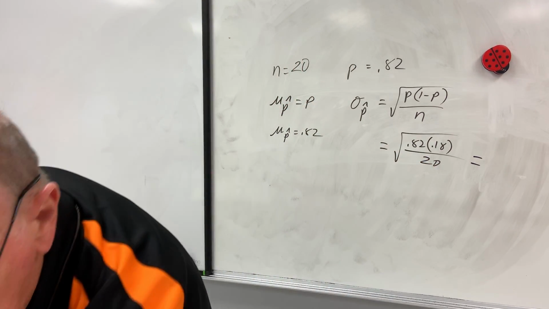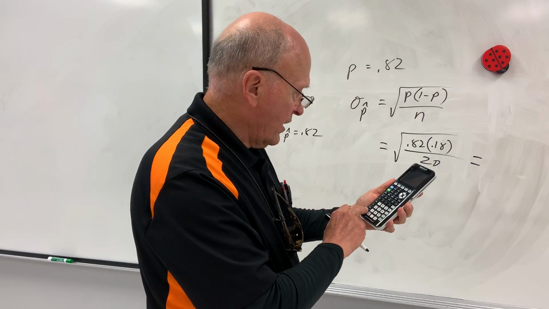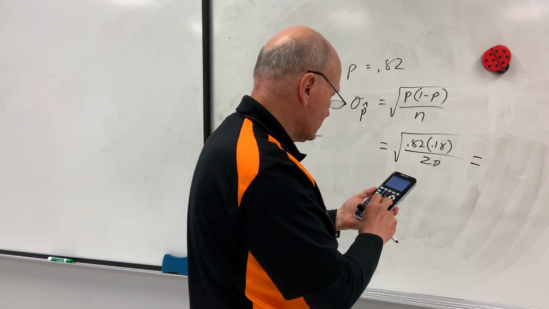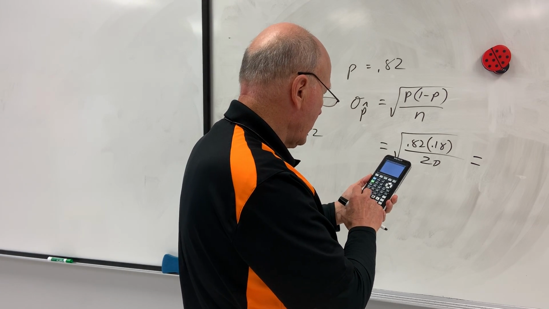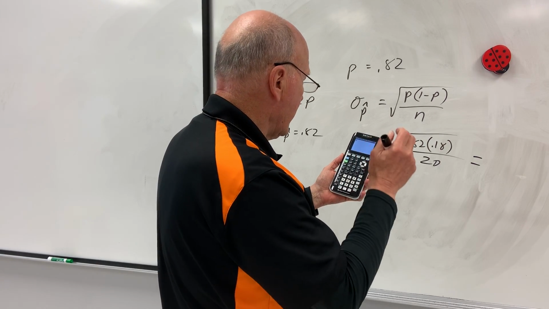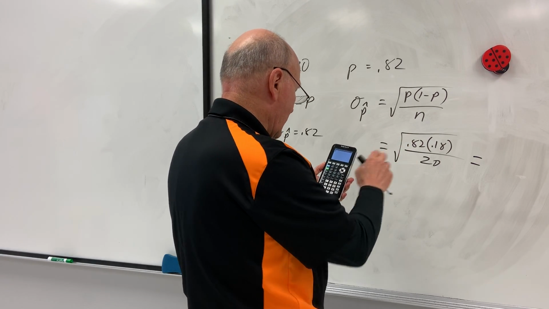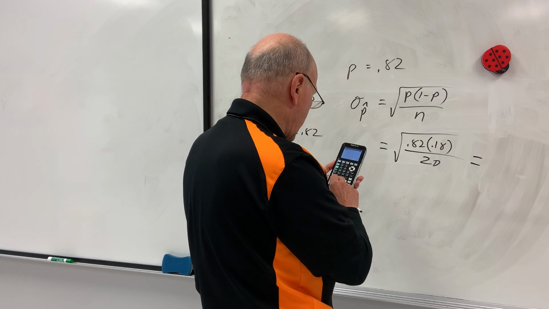So let me get my calculator. For this problem, we're going to go ahead and work it out. I see that I got second square root, and we're going to go green n over d. We're going to hit enter. The n on this is going to be 0.82 times 0.18.